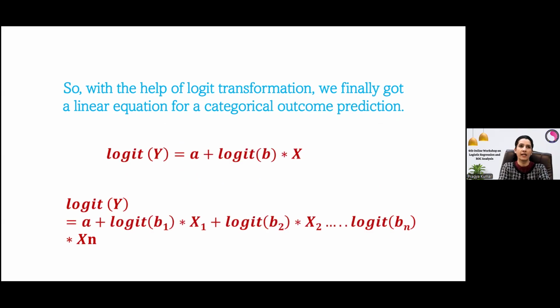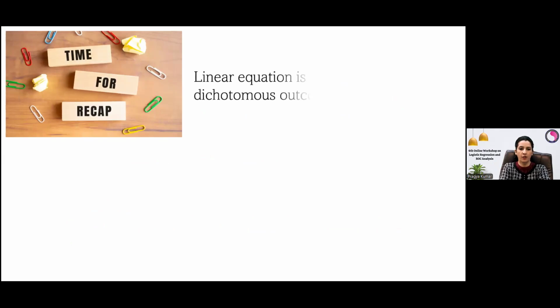So how can I write the equation? I can write logit of y is equal to a, which is the intercept, plus b times x, where x is the predictor variable and b is the coefficient. So this is the logit function which we use in case of a logistic regression.